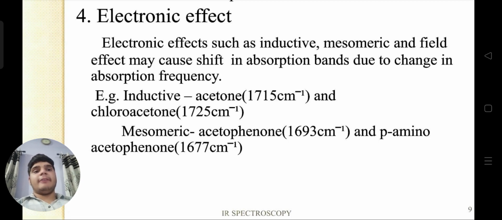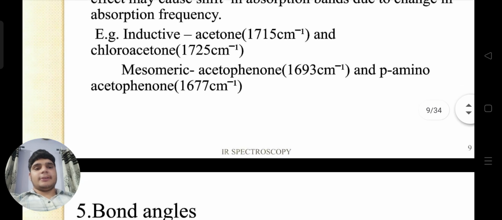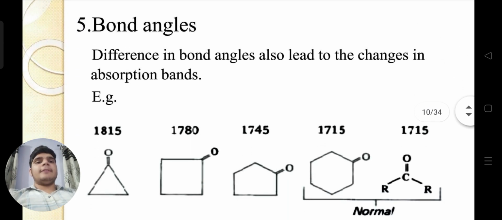Example: for the inductive effect, acetone has the vibrational frequency 1715 per centimeter and chloroacetone has the frequency 1725 per centimeter, whereas the mesomeric effect also influences the vibrational frequencies, as acetophenone has the vibrational frequency 1693 per centimeter, whereas para-amino acetophenone has the frequency 1677 per centimeter.